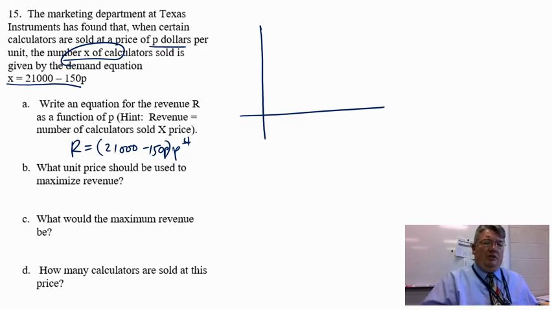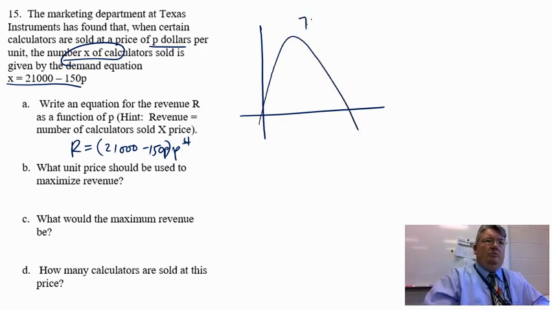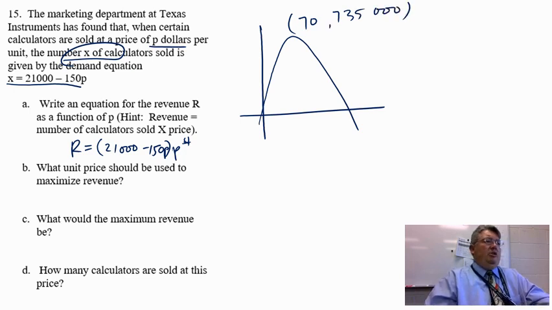So if I graph this, it looks like the quadratic there, and I get the point 70, 735,000. Okay, so what unit price should you use to max revenue? Well, that's the input, $70 right there. And what's the maximum revenue going to be? 735 million. Or 735,000, excuse me.